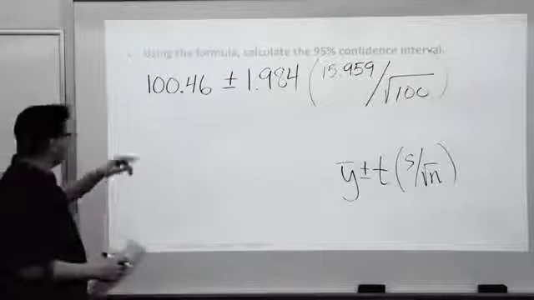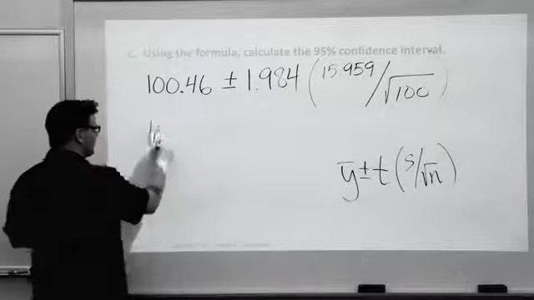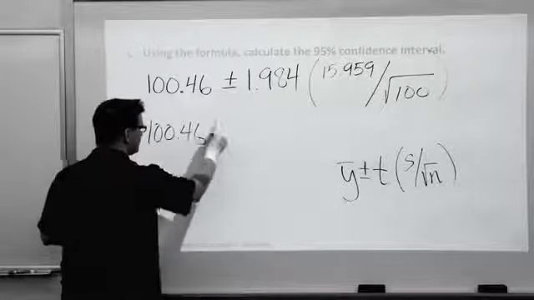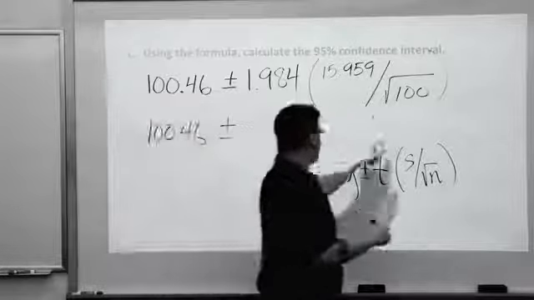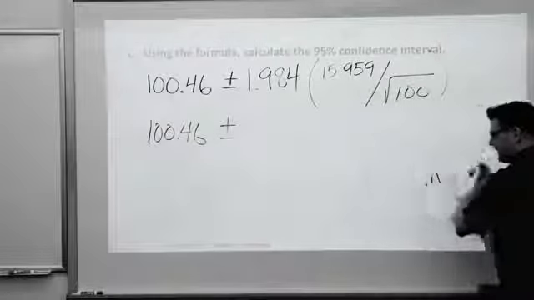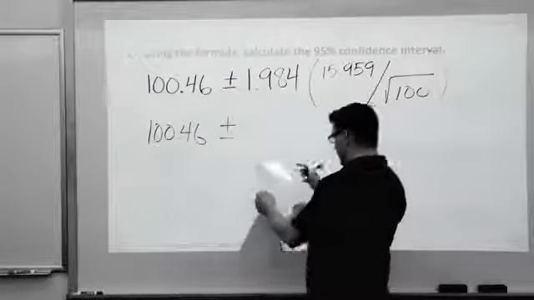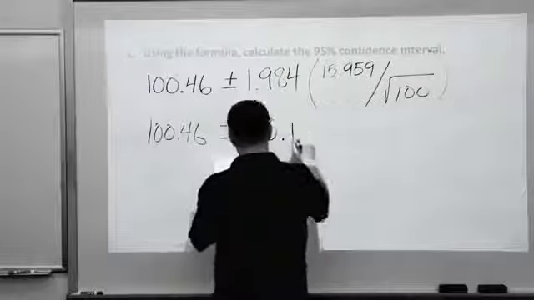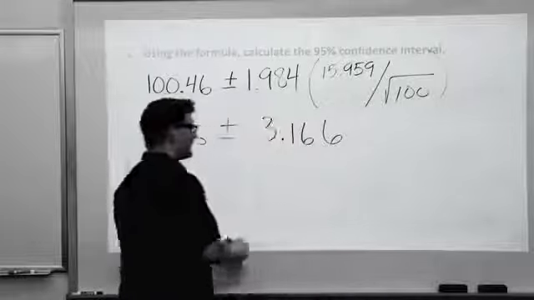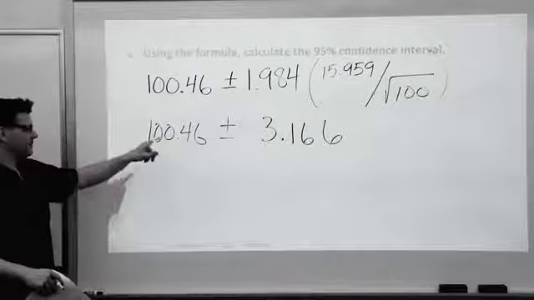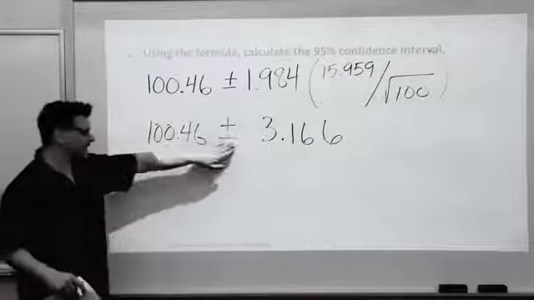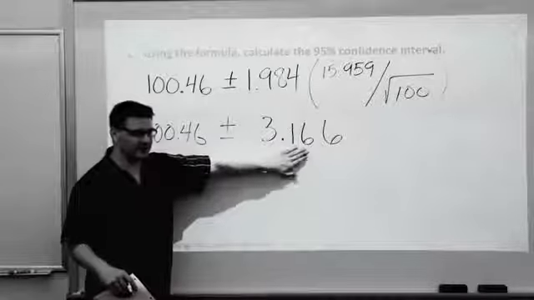This is easy stuff. Just carry this one down. Put 100.46 here. Plus or minus, clean the right hand side up. So this is your margin of error, and that will be about 3.166. Best guess, plus minus, margin of error.